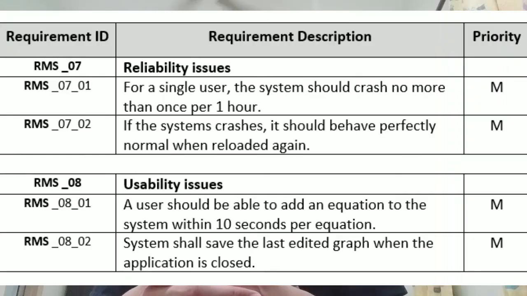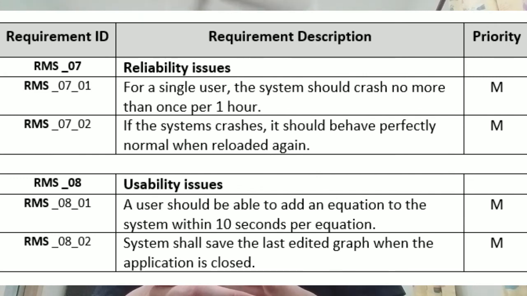Since we have already discussed the functional requirements RMS01 to RMS06, we are going to discuss the non-functional requirements, which are reliability issues and usability issues, RMS07 and RMS08 respectively.